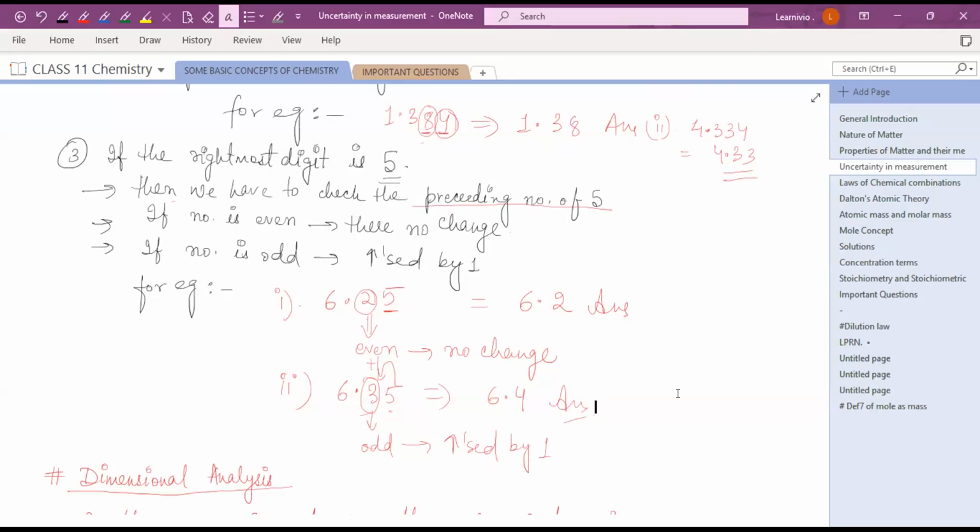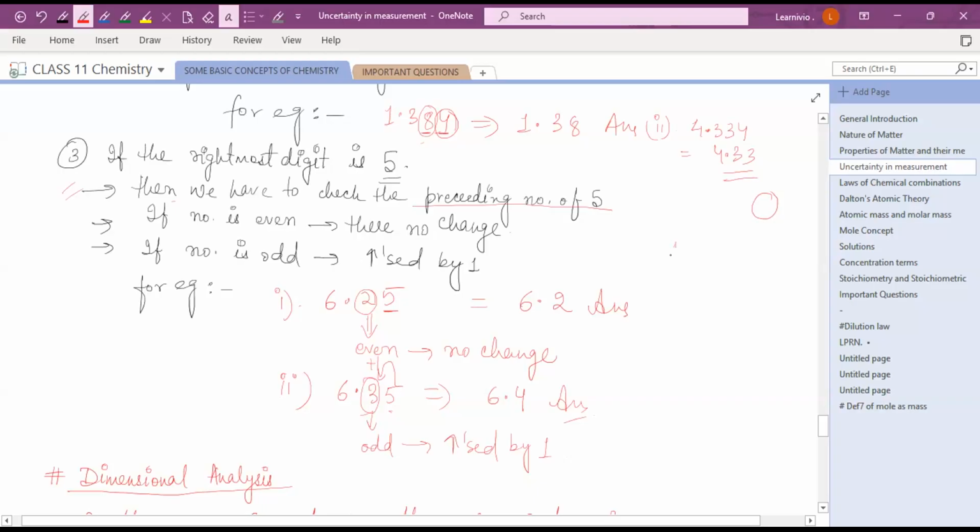But what is the rule if one number is odd? If one number is odd, the third one, right? Yes. You have to just check the last digit.